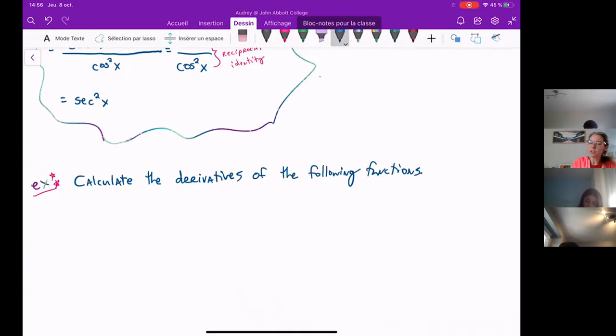So we're going to start off by just doing a couple that only involve the product rule and the quotient rule. And then we're going to throw in the chain rule with trig.